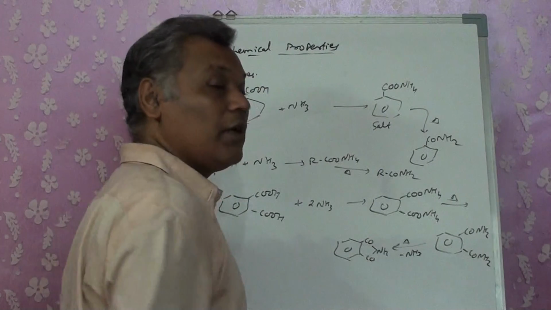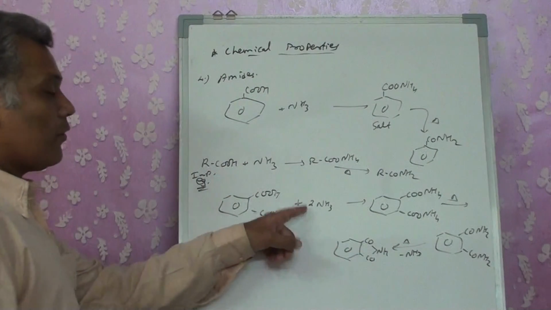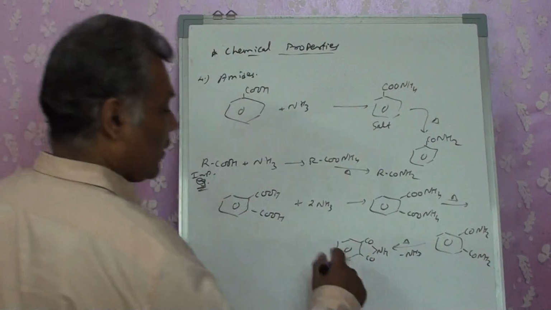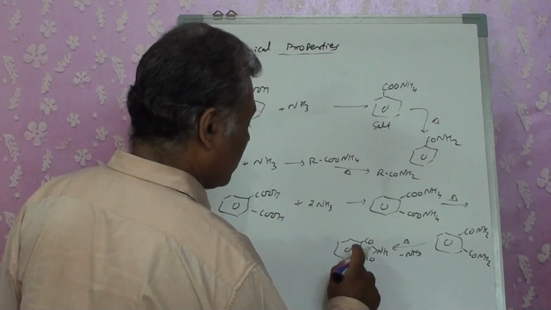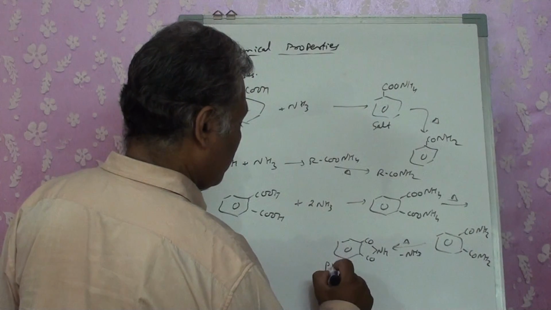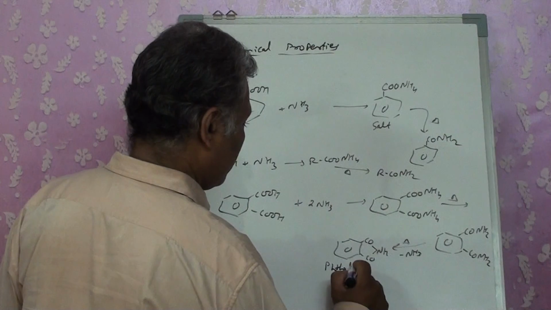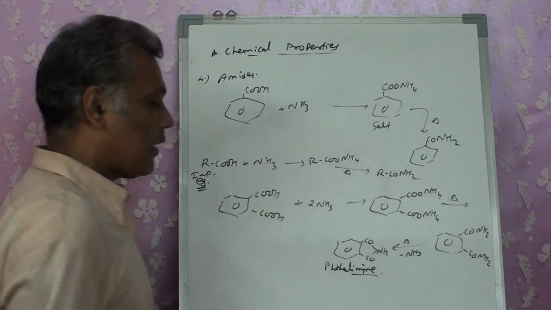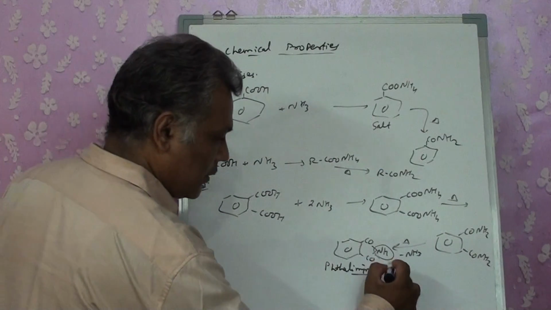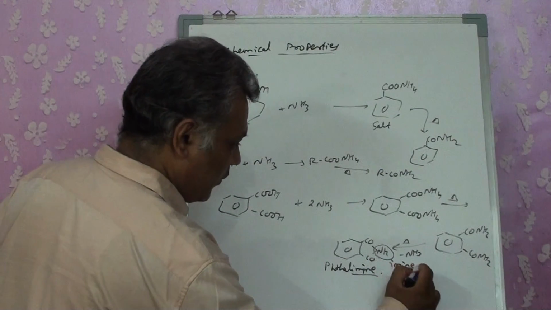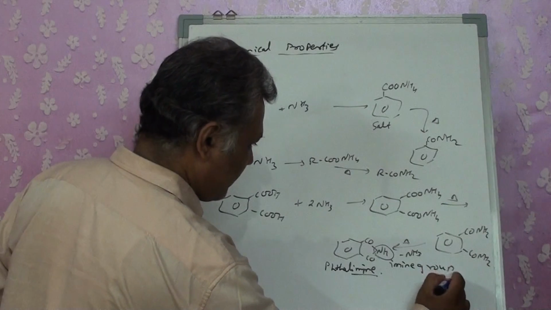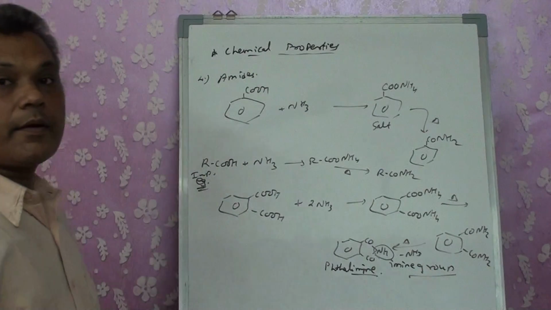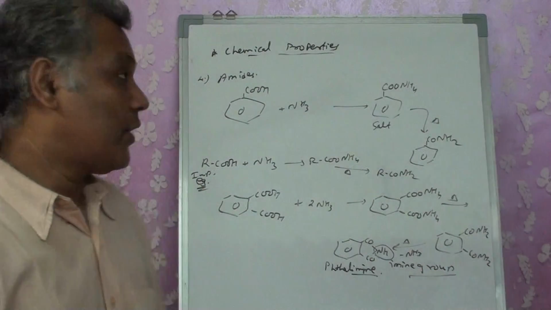One molecule of NH3 is removed. We took two, but one is removed back, and this compound is produced. It's known as phthalimide, with an NH imide group. Right? So this is a specific reaction.